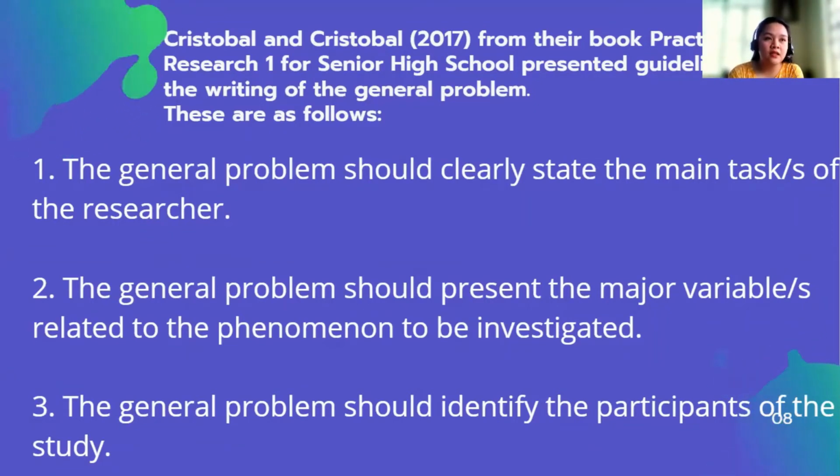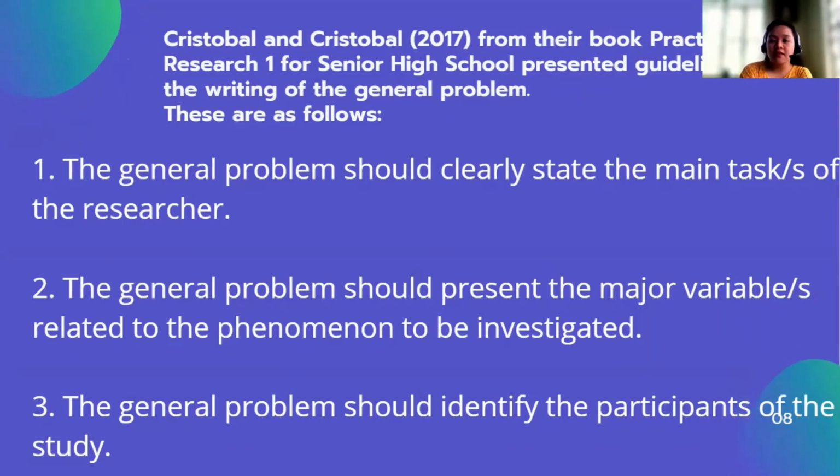To determine the efficiency of online class. To determine the factors affecting the tardiness. Major variable, factors affecting tardiness. Ganon. Okay? Number 3, the general problem should identify the participants of the study. So participants, number 3. So let's go back to 1 again.